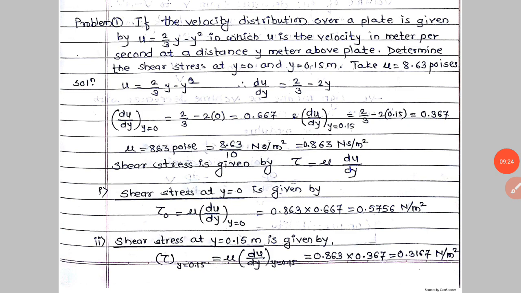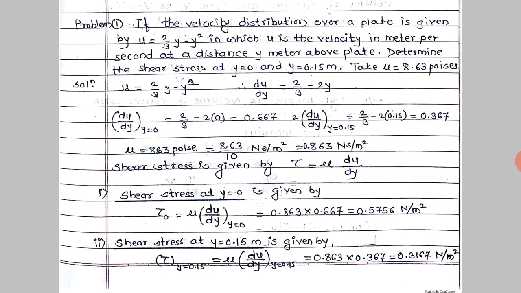Now we are going to see a numerical problem on viscosity. If the velocity distribution over the plate is given by u is equal to 2 by 3 y minus y square, this is the velocity distribution equation in which u is velocity in meter per second at a distance y meter above the plate.